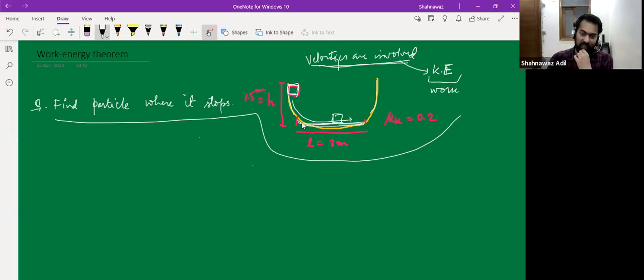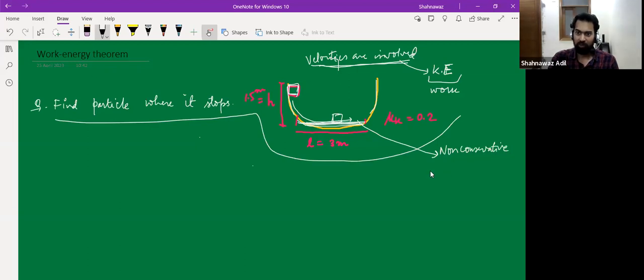But for the conservation of mechanical energy, for the horizontal part you have which force? The friction. Yes, a non-conservative force.